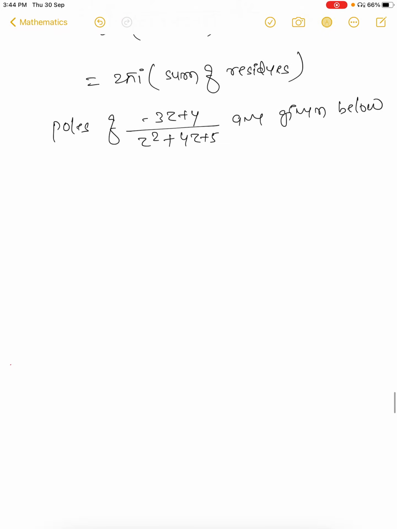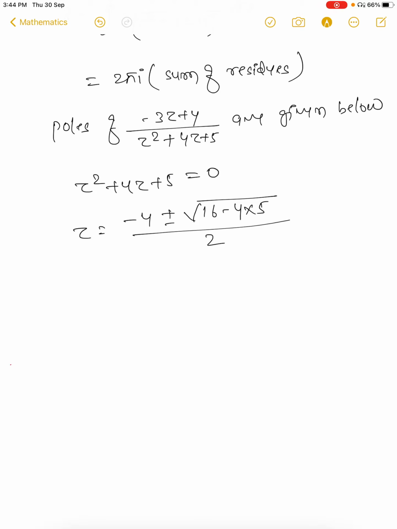How do we find the poles? z² + 4z + 5 = 0, and z = (-4 ± √(16 - 4·5)) / 2, so z = (-4 ± 2i) / 2.